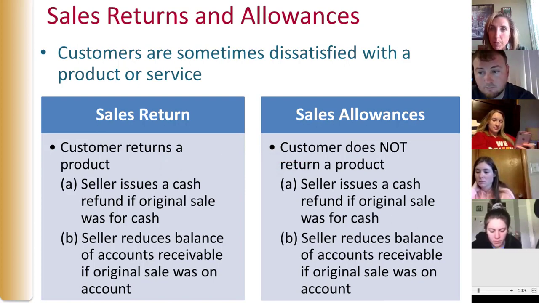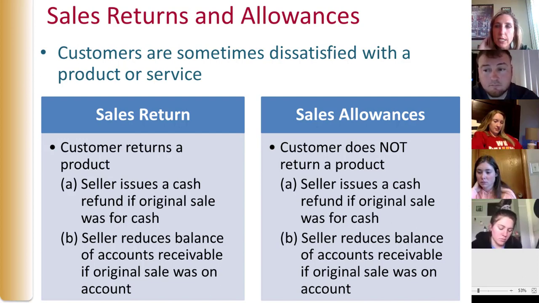And so they gave me my money back, but I didn't have to return the product. They would debit sales allowance because it's a contra revenue. Remember, your revenue accounts typically have credit balances, but any account that's classified as a contra in that category will have the opposite of the normal.